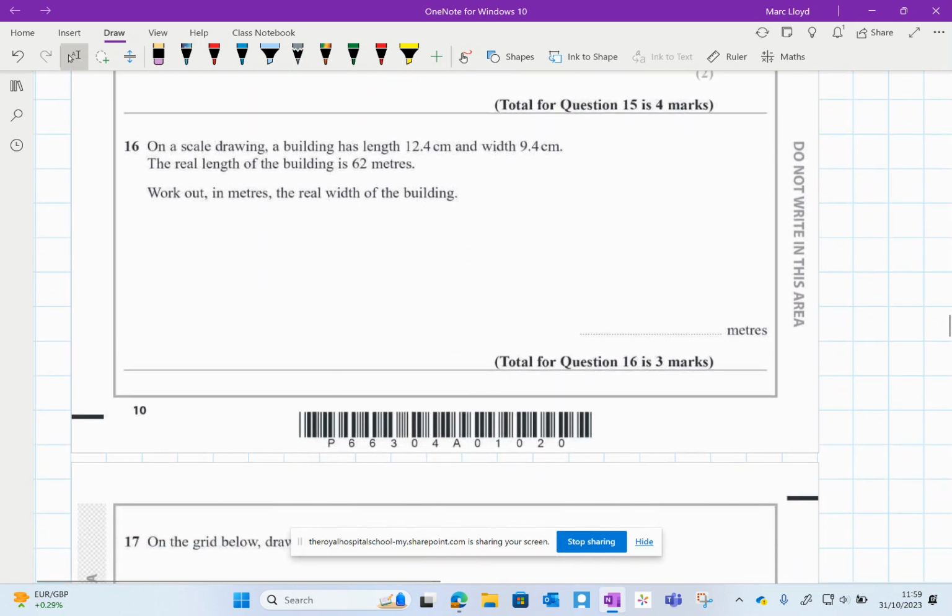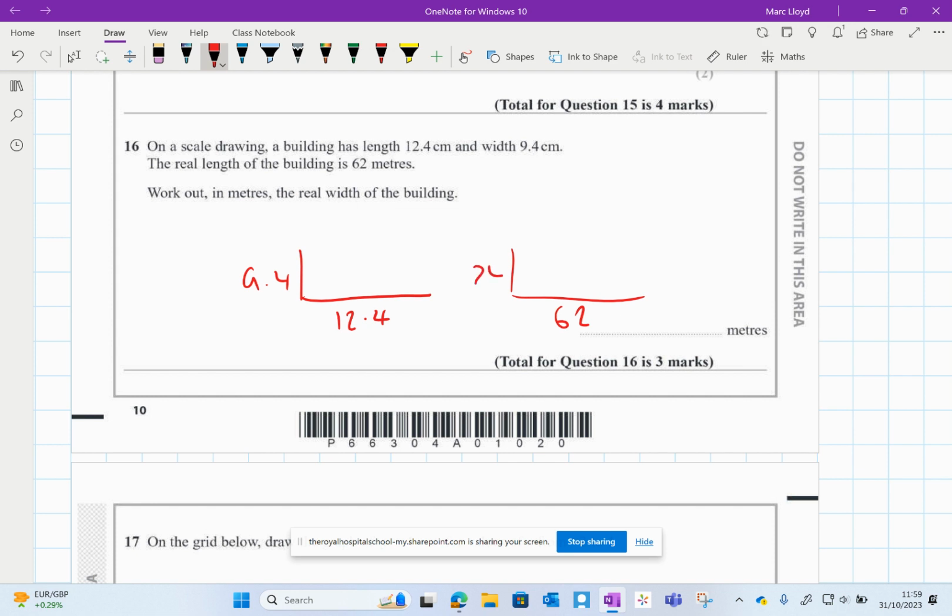Okay, on a scale drawing, a building has a length and a width. So length, I'm going to put 12.4 and a width of 9.4. The real length of the building is 62. Work out the width. So 62 divided by 12.4 will tell me what we multiplied 12.4 by in the first place in order to get to the 62.